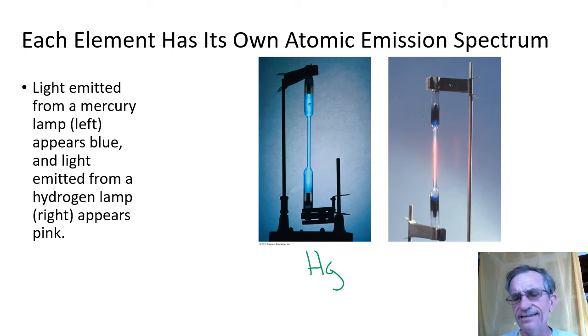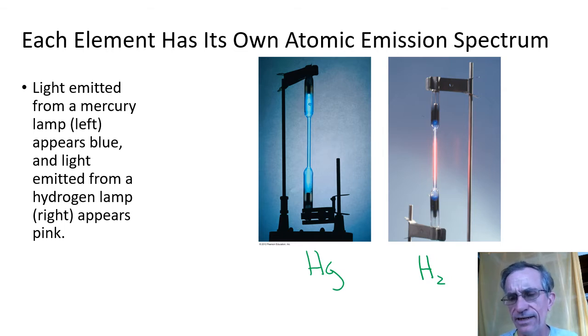The other one is hydrogen. When you run electricity through a tube full of hydrogen, H2, it gives off light, and it looks pink to your naked eye. Now, when we look at these colors more carefully, just like a light bulb looks white to your eye but is actually giving off every single color, these elements might look blue and pink to our eye, but they are actually giving off more than one color.